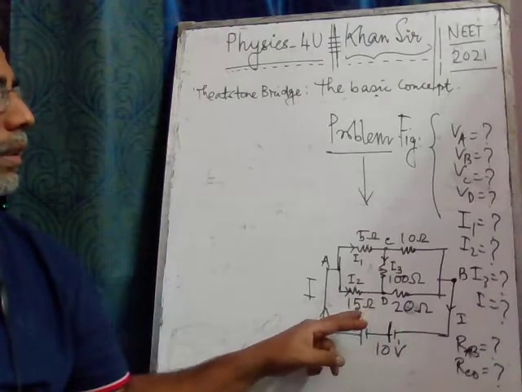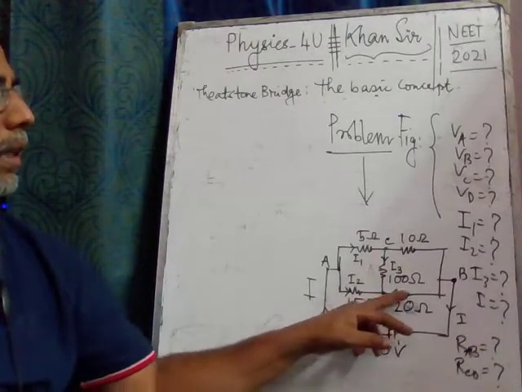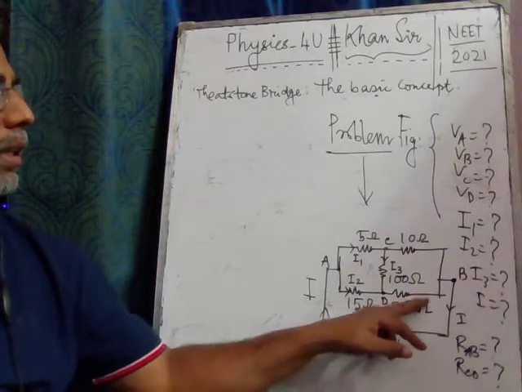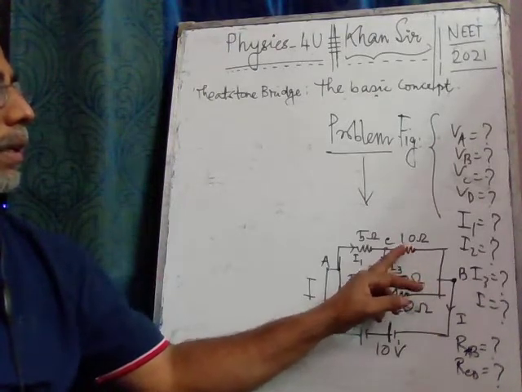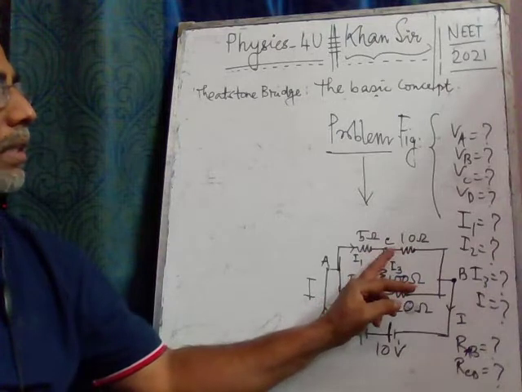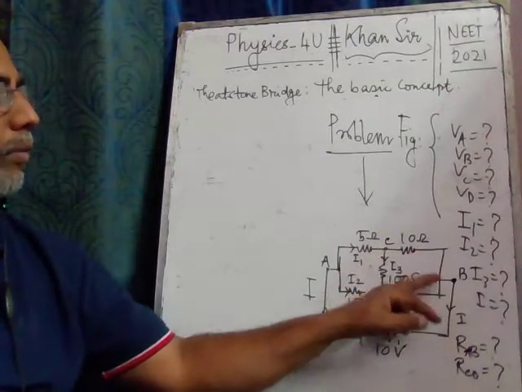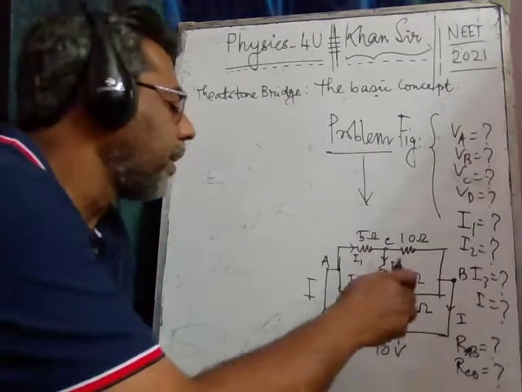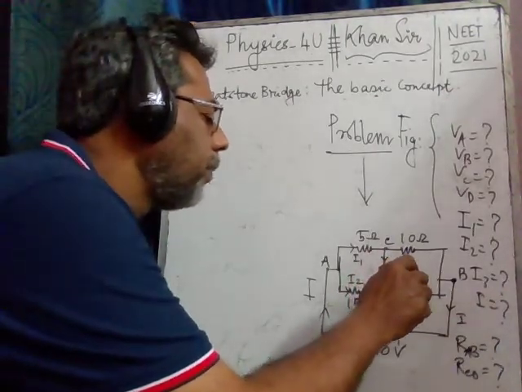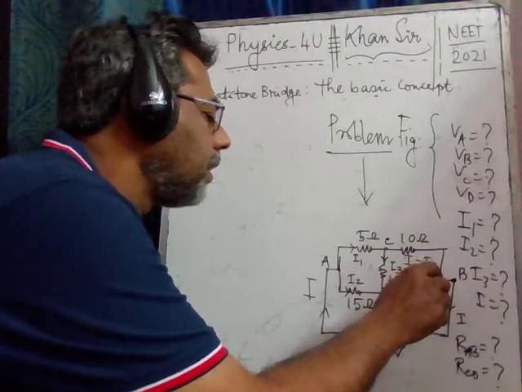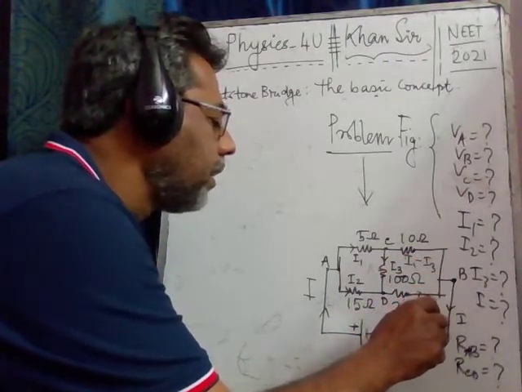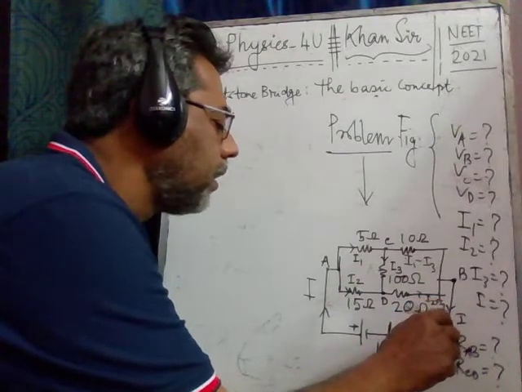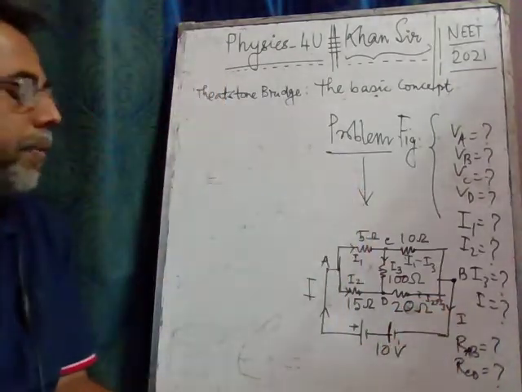This current I2 and I3 are added up here and pass through the 20 ohm resistance, which is added again to the current that flows through the 10 ohm resistance. This may be I1 minus I3, and this is actually I2 plus I3. So the total current is again I.